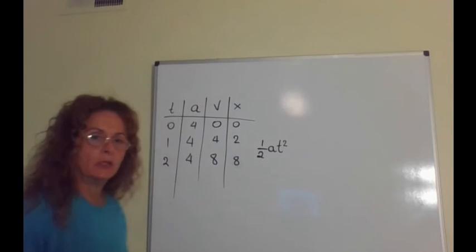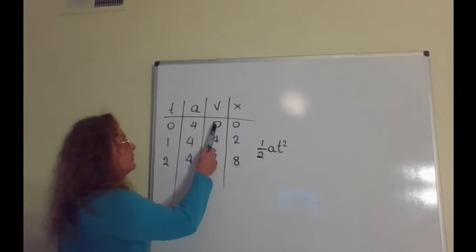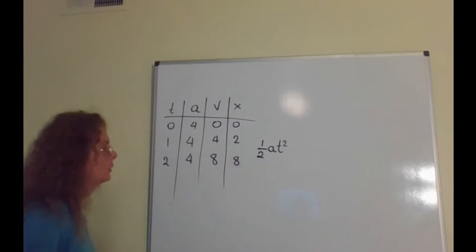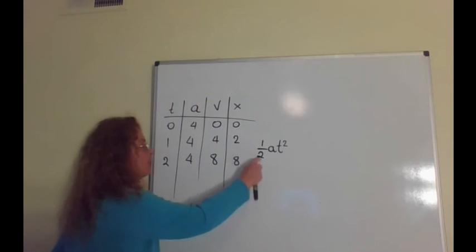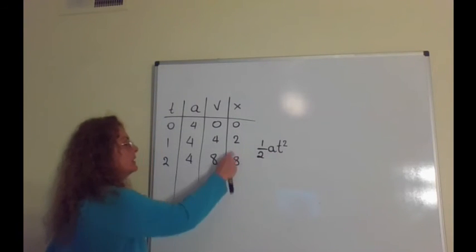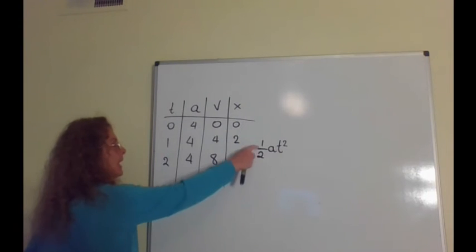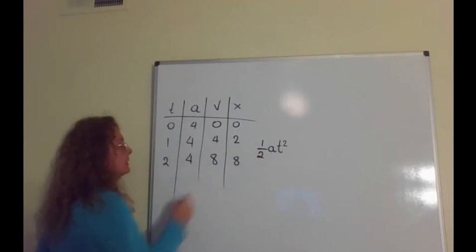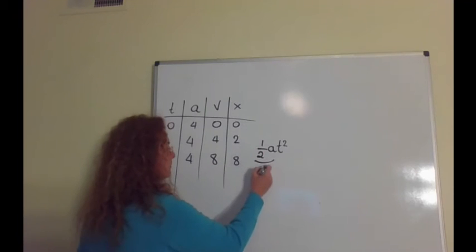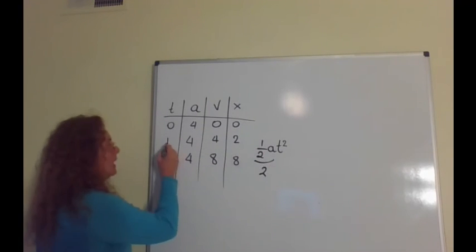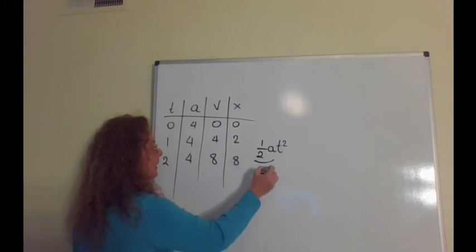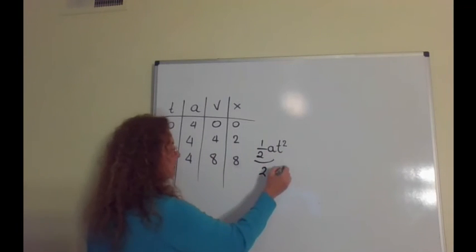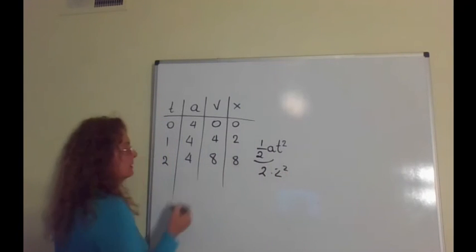In this simple case where there's no initial velocity and we start from initial position 0, we can see that the term half acceleration times time squared gives us the position. Half times 4 equals 2. This is 2. So at time 1, 1 squared gives us a 2. 2 squared, 4 times 2, 8.